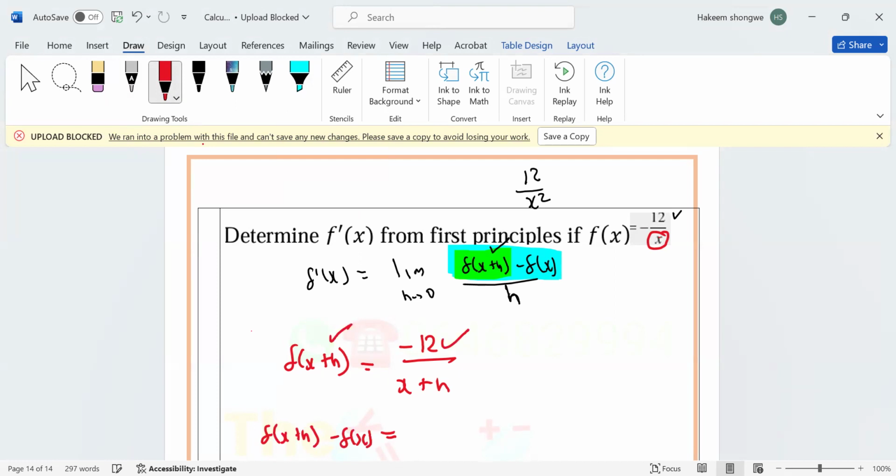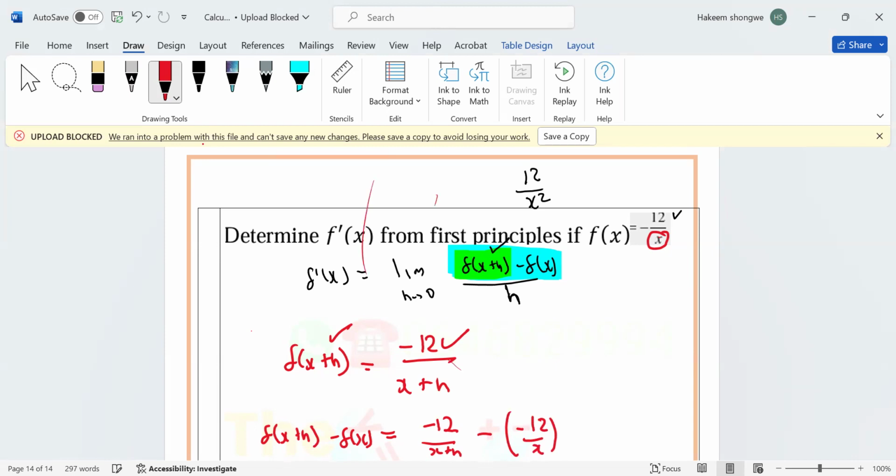Now, the next thing is f of x plus h minus f of x, which is going to be minus 12 all over x plus h, minus, open bracket, minus 12 all over x.